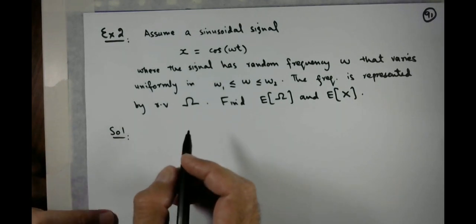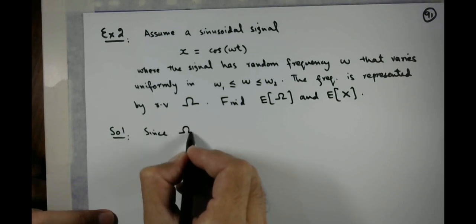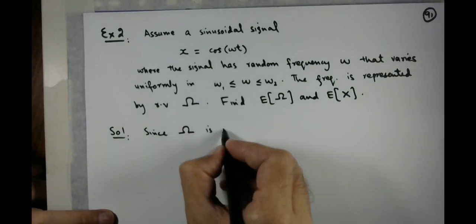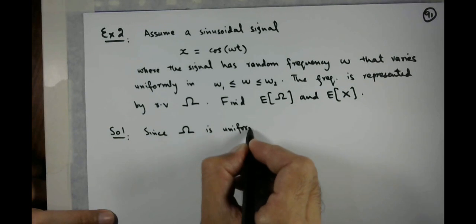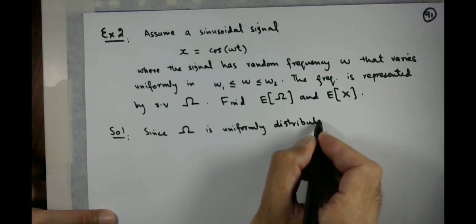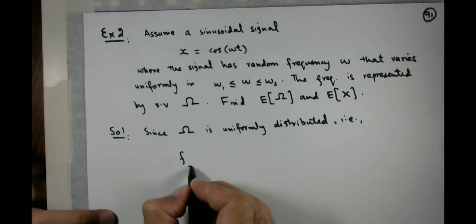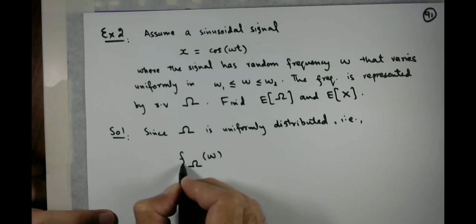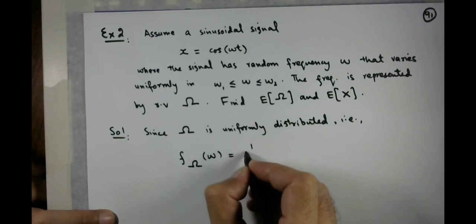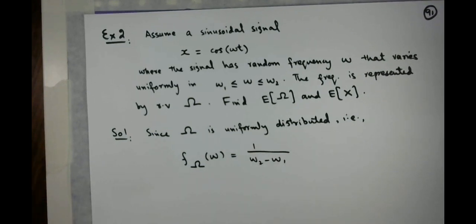Now, since omega is uniformly distributed, we can write that f sub omega of omega is equal to 1 over omega 2 minus omega 1. You know how to write the PDF of a continuous uniform distribution.